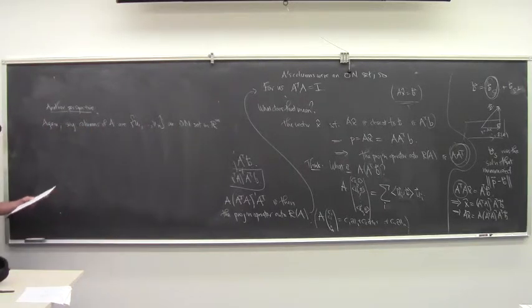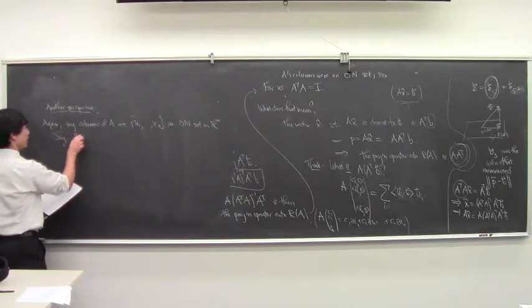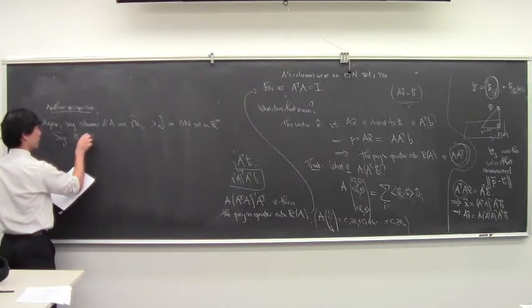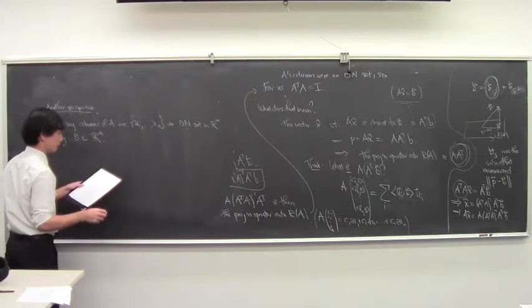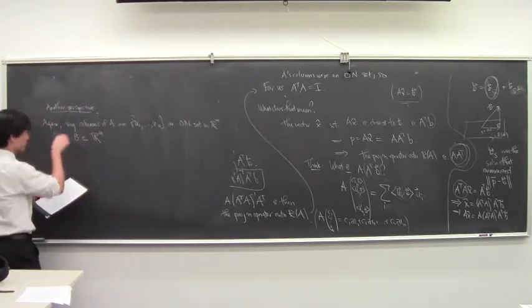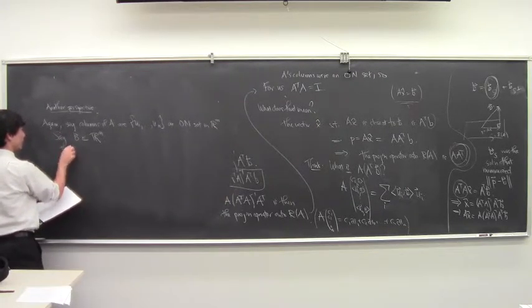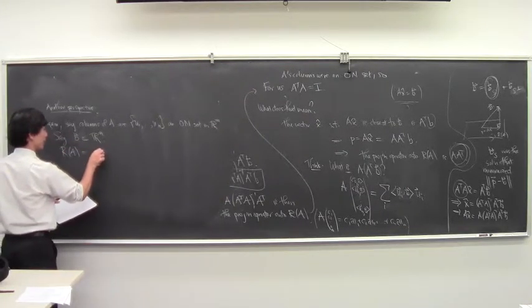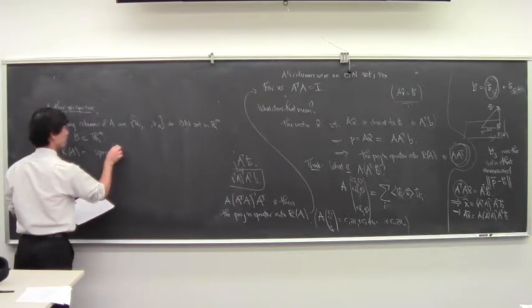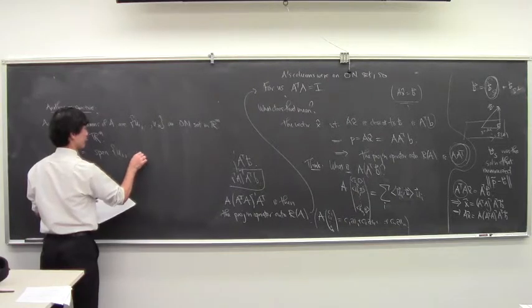So it's an m by n matrix, and say that B is in Rm. Then, of course, the range of A is the same thing as the span of these UIs, U1 through UN.